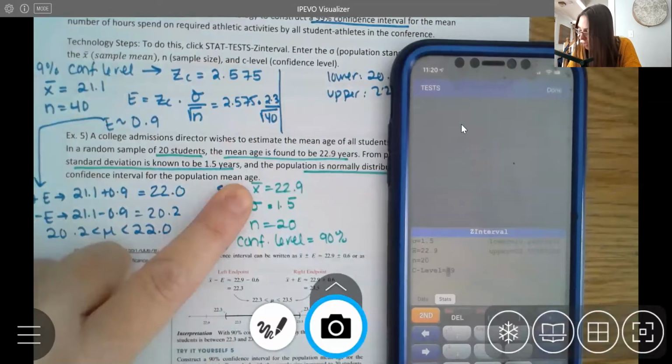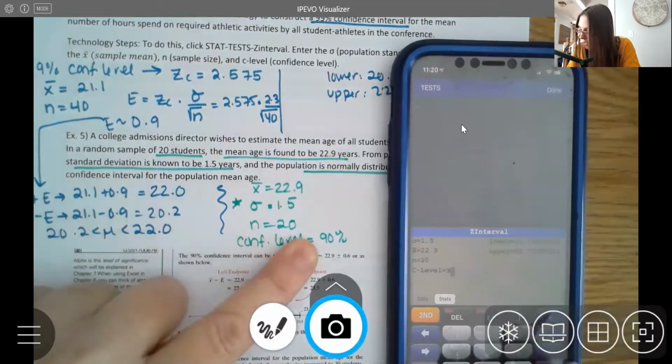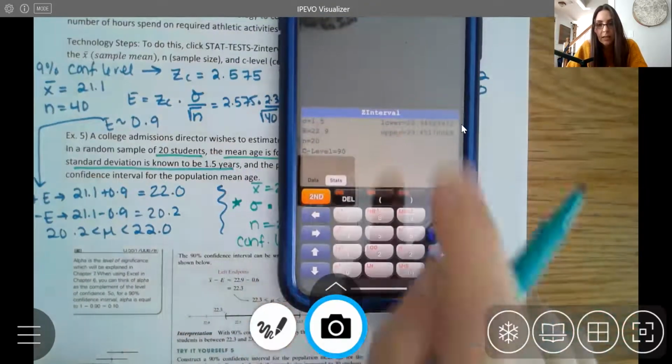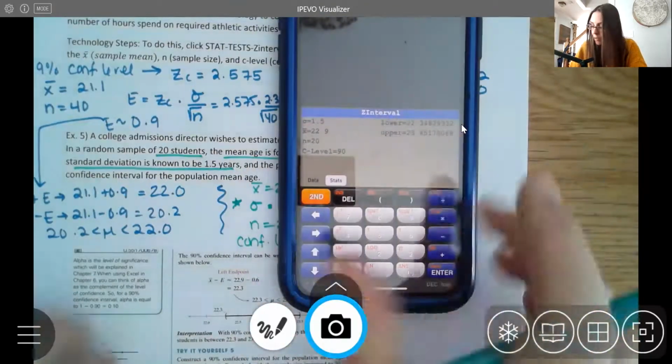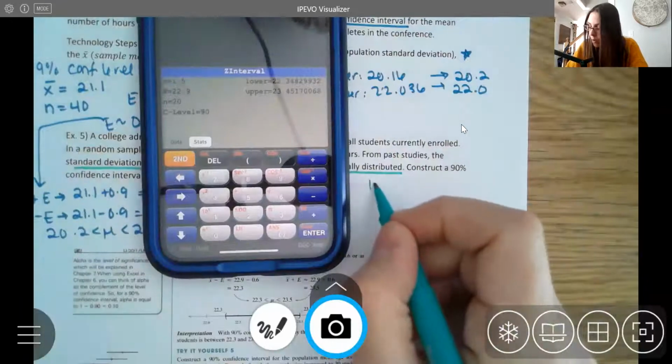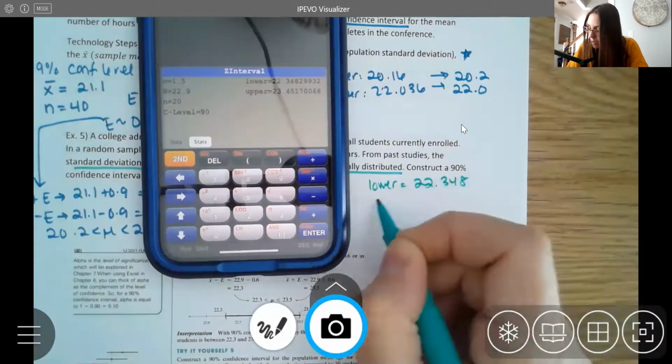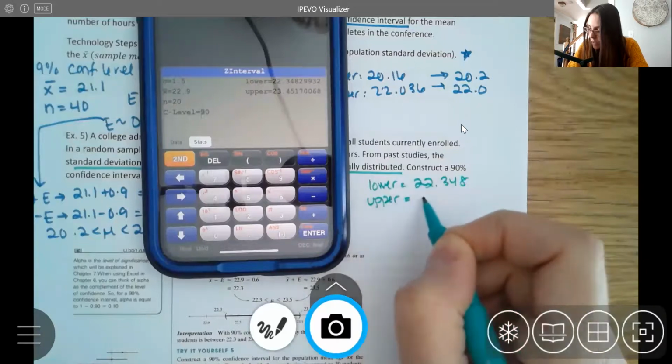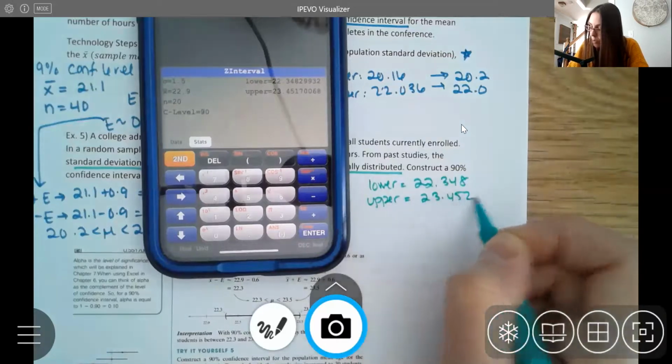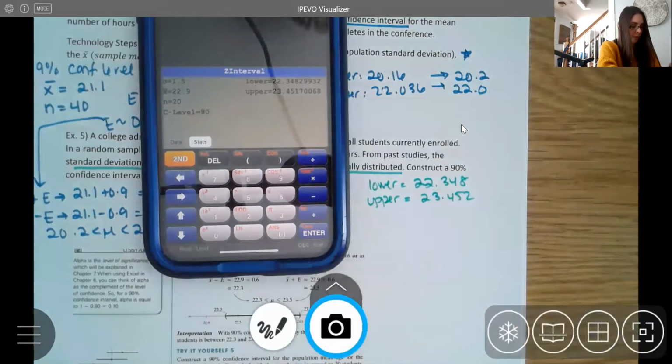My N is 20 here, and my confidence level is 90. So I'm going to hit enter, and then you should see your interval right here on the right. So my lower value is 22.348, and my upper value is 23.452. And let's see, we're going to round this just to 1 decimal place.